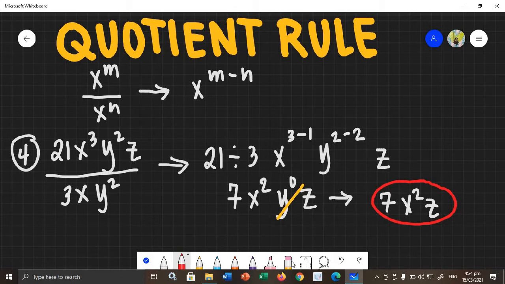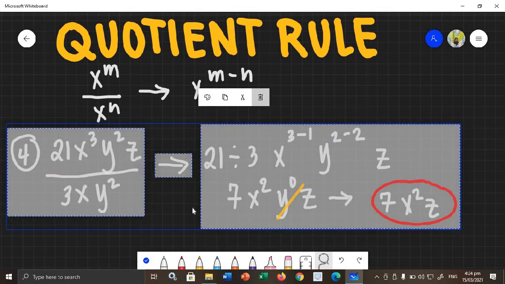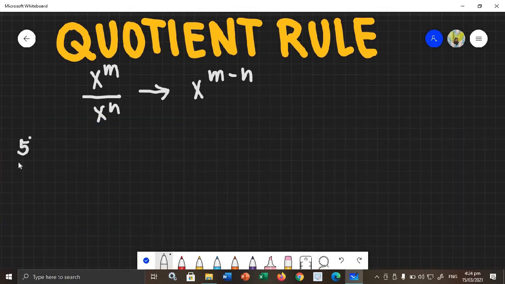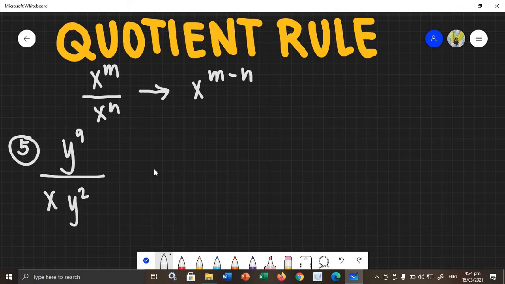And then last example, let's say we have y raised to the 9th power all over x y to the 2nd power.